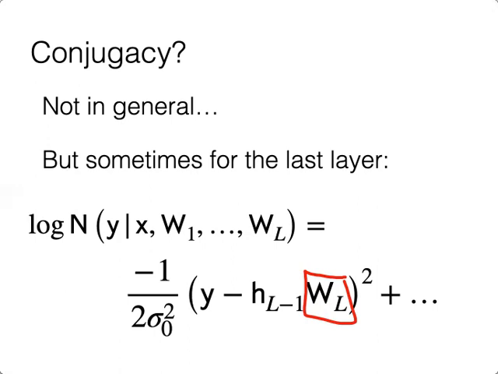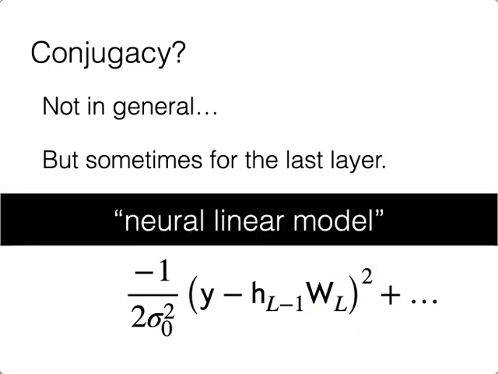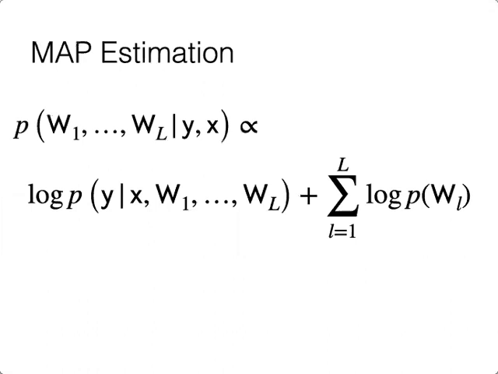And so this is a nice little trick in that you have a deep neural network, but you just perform Bayesian inference in the last layer. So people call that a neural linear model. But in general, you can't rely on conjugacy, especially for weights beyond the last one.